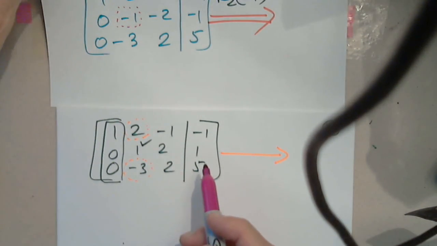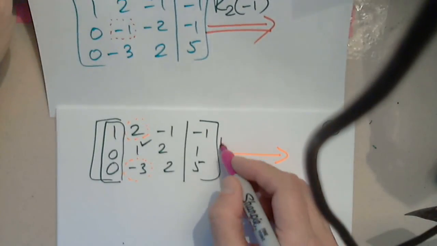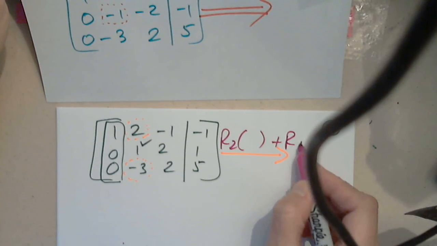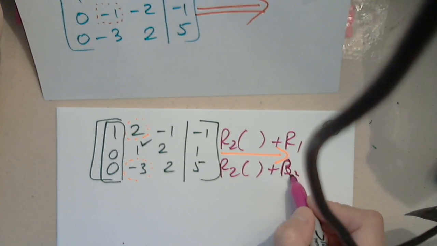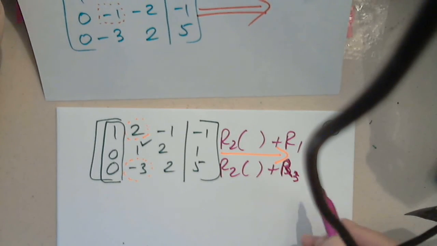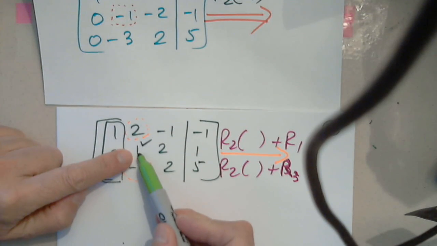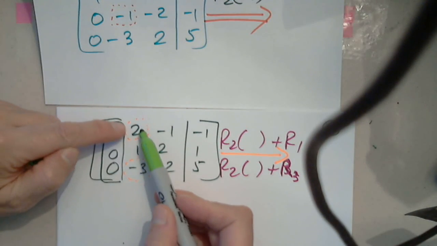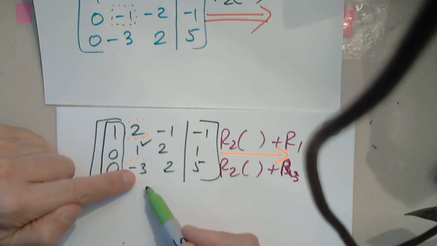So the first step is always row 1. The second step is always row 2. And the last step is always row 3. Good. So 1 should be multiplied by what to get a 0? And 1 should be multiplied by what to get a 0?